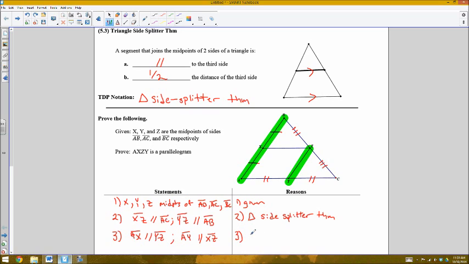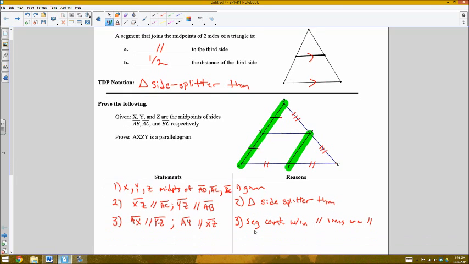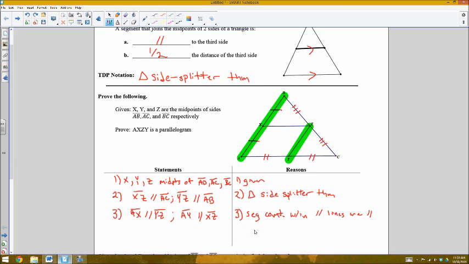So the reason these sides are parallel to each other is that segments contained within parallel lines are parallel. So that now I have two sets of opposite parallel sides in my quadrilateral AXZY.